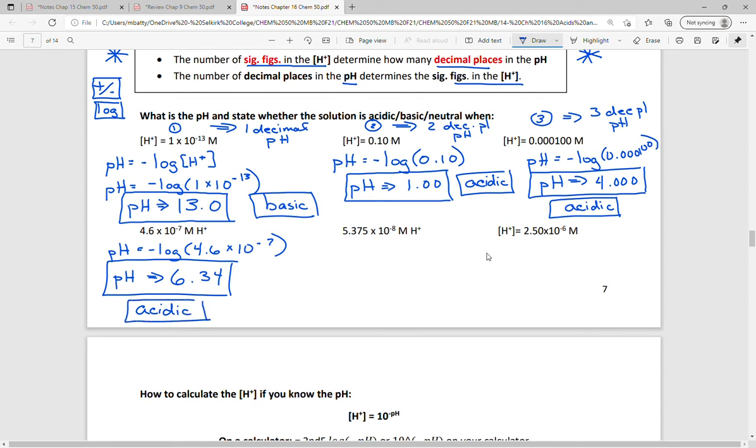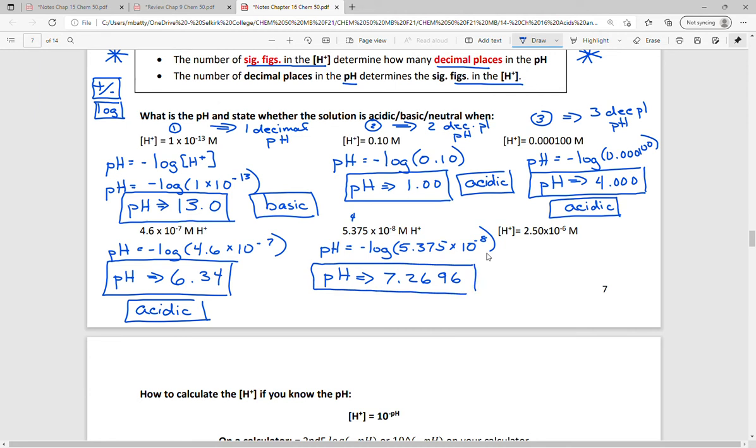The last ones, I'll write out what I put into my calculator. Give these ones a try, making sure your calculator is working for you. And then there's also that convention of sig figs where we've got 4 here, so that means I'm going to have, oh my goodness, 4 decimal places in my pH. So my calculator gives me, if I have a pH of over 7, that makes it ever so slightly basic.